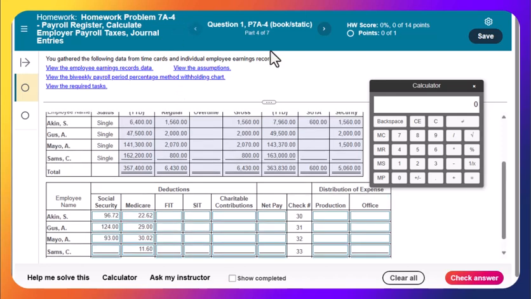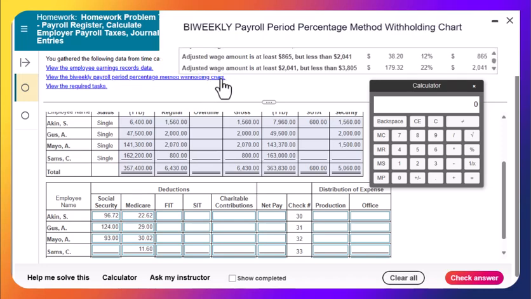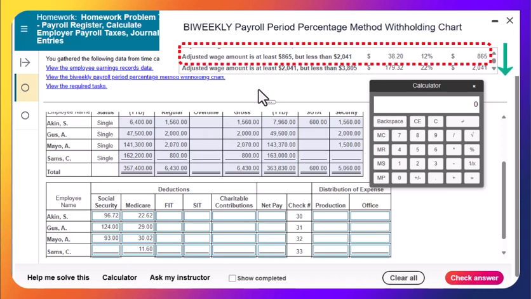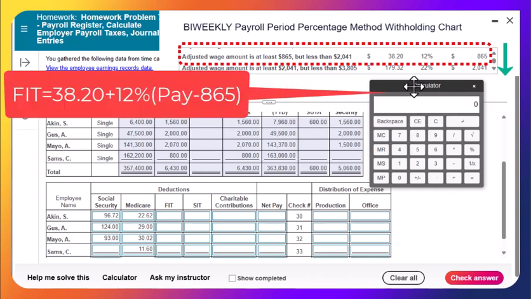And now for our federal income tax deduction. We're going to pop open this biweekly payroll withholding chart here, and we can take a look at Aiken. His gross wages here are $1,560, and that falls under that third row on that withholding chart. So we'll type that in here, $1,560.